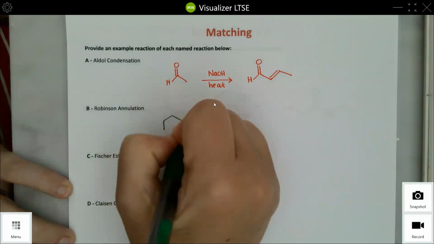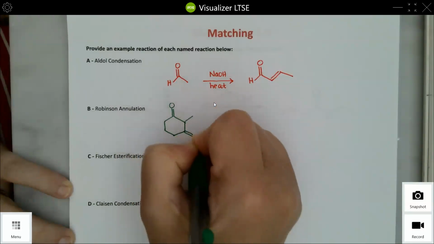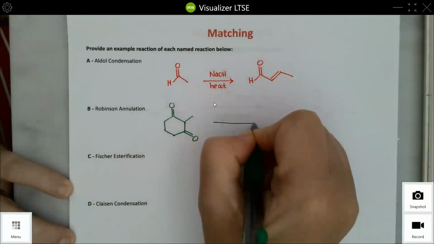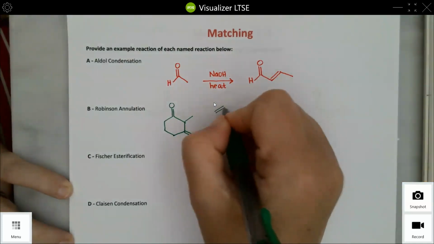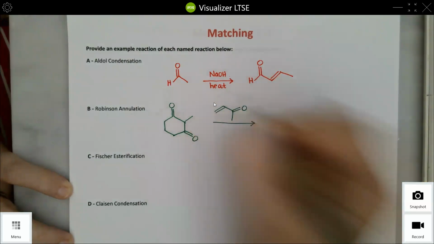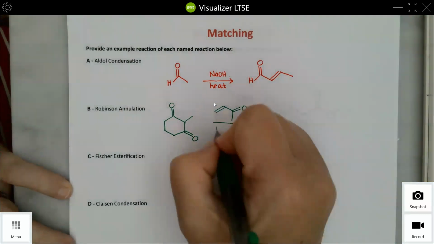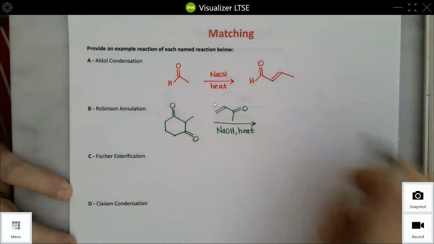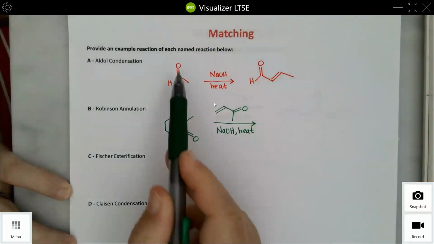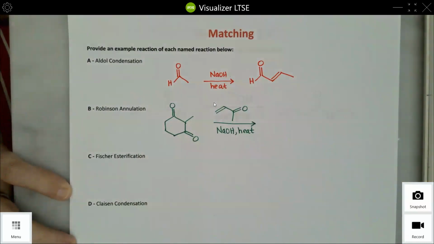And so we start off with a good Michael donor, and we use a Michael acceptor, something like this, right? And then the conditions would be sodium hydroxide and heat, because again, it first starts off with a Michael addition and then does the aldol condensation, right? So we need the heat in order to go all the way to the condensation product.